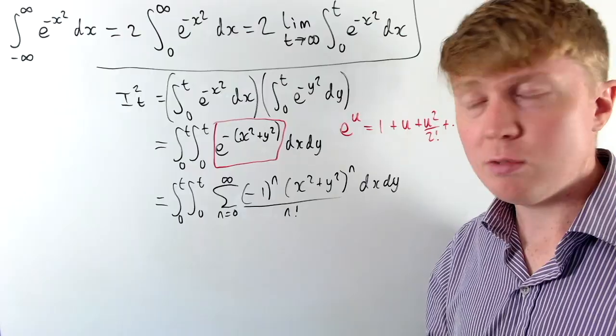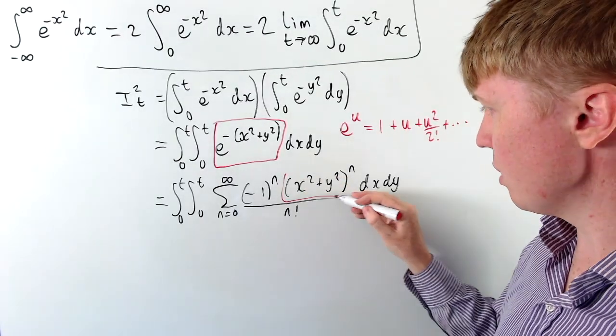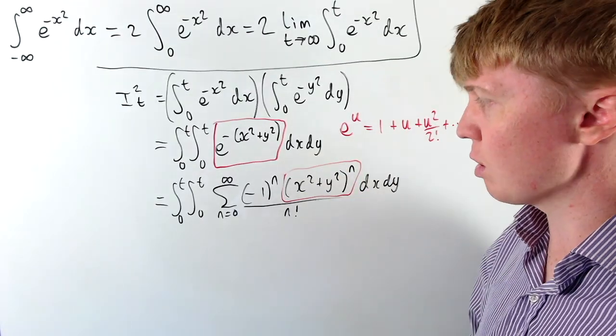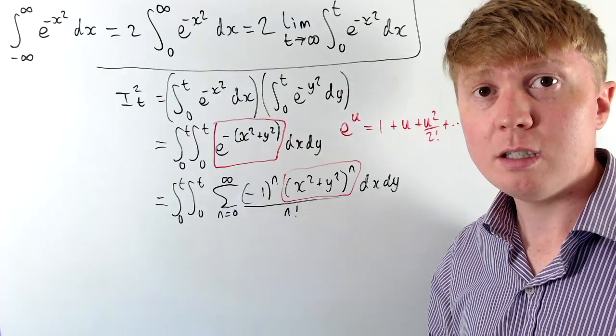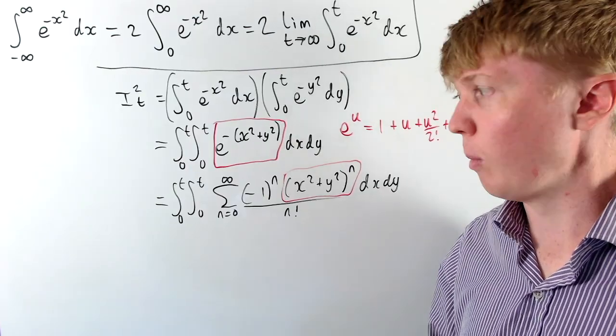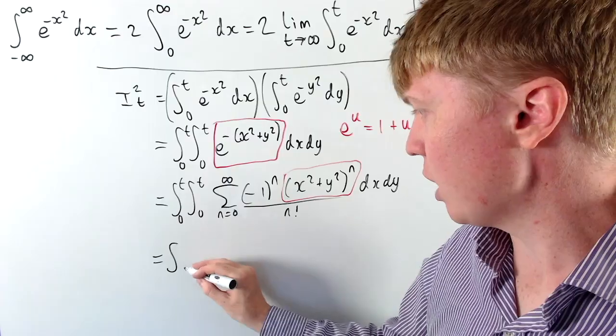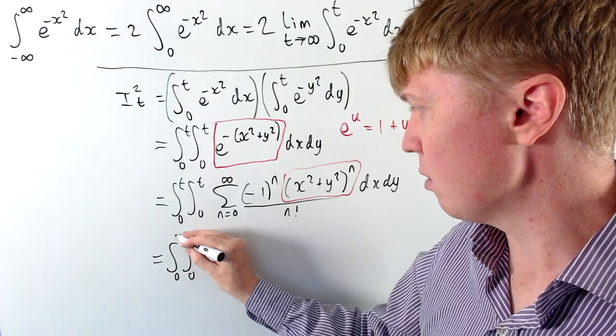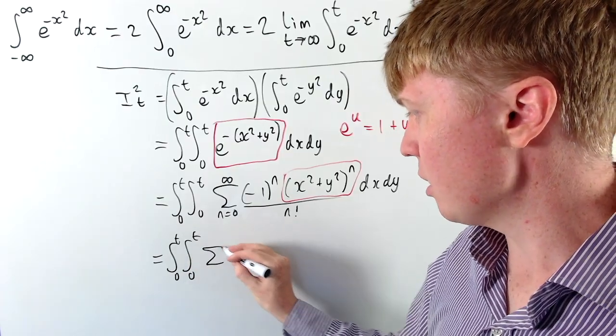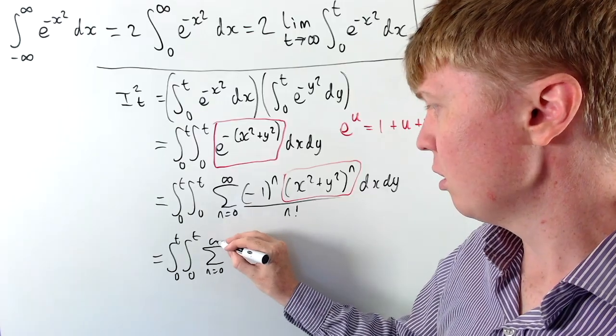And then we'll do the same sort of thing with this x squared plus y squared to the power of n. So we can use the binomial expansion to help us rewrite this as a sum. So we can rewrite this whole expression as the double integral, so nothing changing here, and we've still got the sum from n is 0 up to infinity.